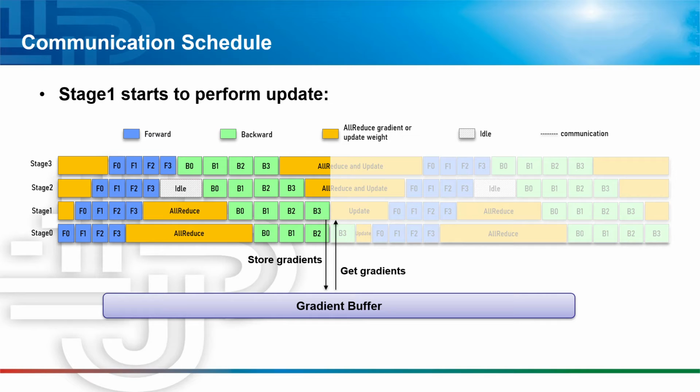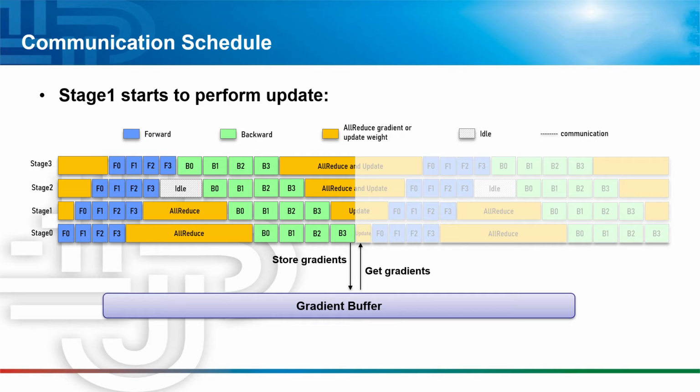For stage 0 and stage 1, after the backward computations, the stage needs to perform two operations. First, store the newly calculated gradient into the buffer, and then get the averaged gradients for the update.